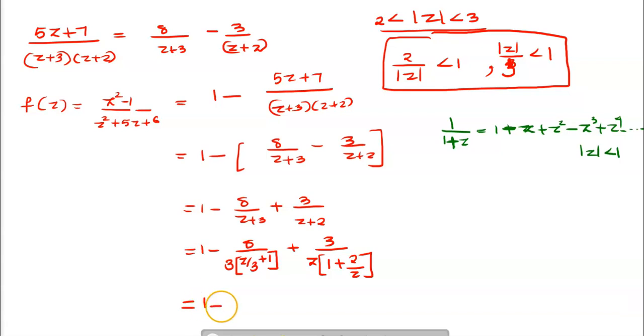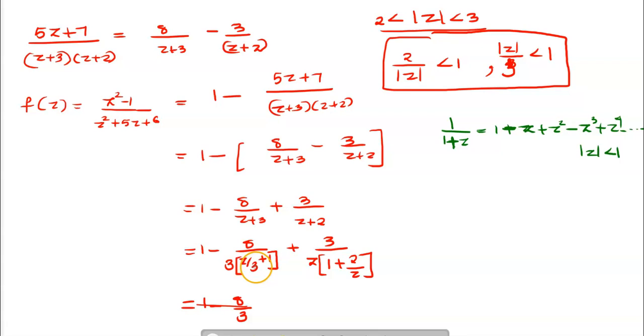So this is 1 minus 8 by 3 into, we can write it on the next page. That is, which is equal to 1 minus 8 by 3 into, instead of z we have 2 by z and z by 3. That is, this is 1 by 1 plus z by 3 and this is 1 by 1 plus 2 by z.